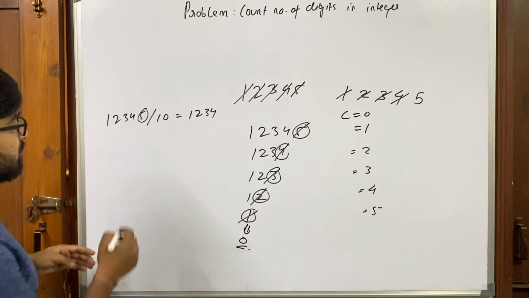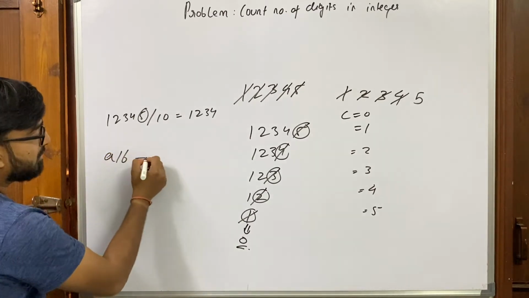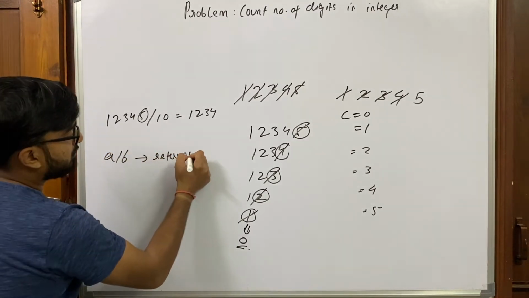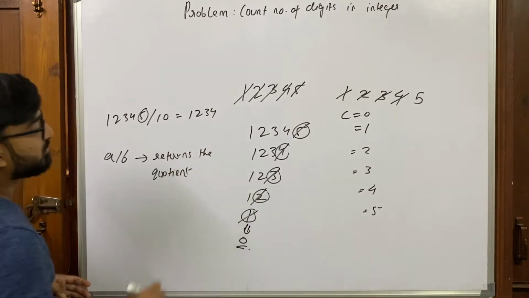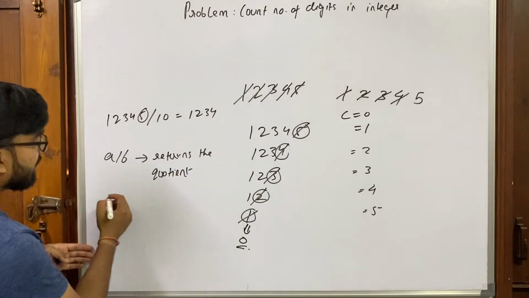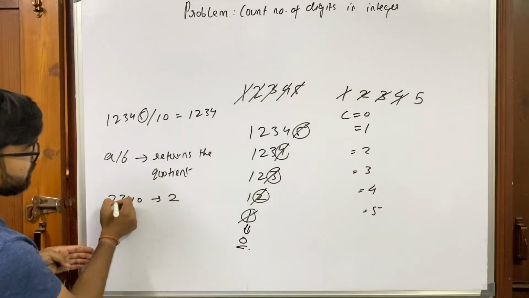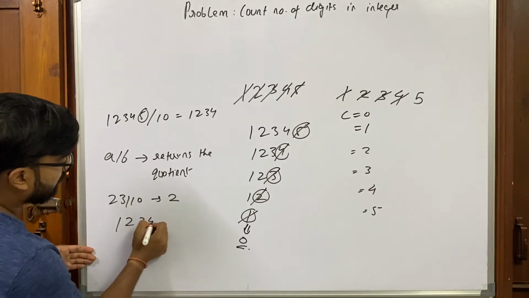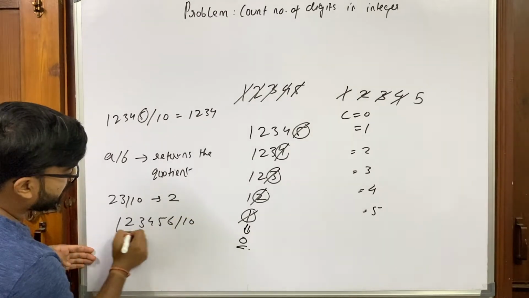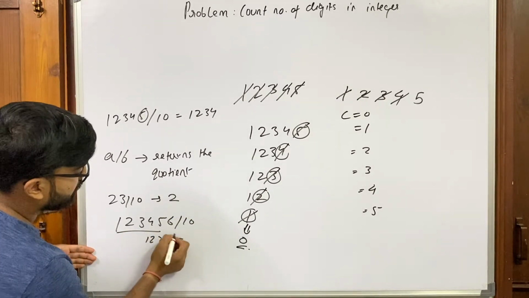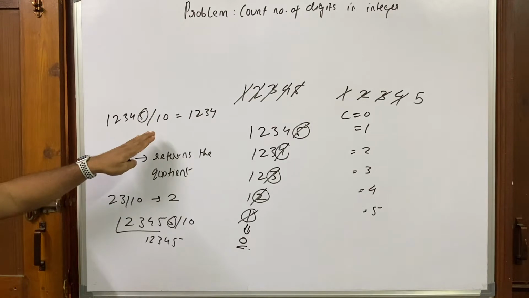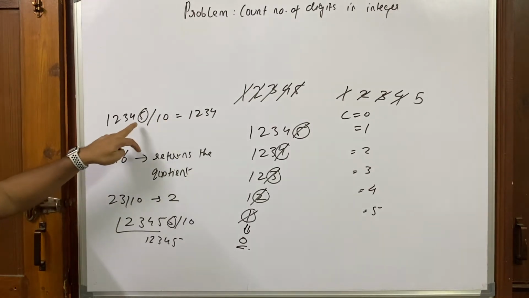This is because A by B only returns the quotient and leaves out the remainder. So if you divide 23 by 10, your quotient is 2 and you lose out 3. If you divide 1, 2, 3, 4, 5, 6 by 10, your quotient is 1, 2, 3, 4, 5 and you lose out 6. So integer division by 10 will remove the units digit.